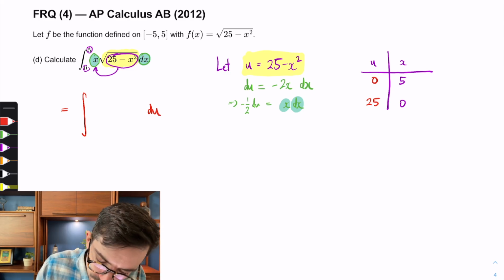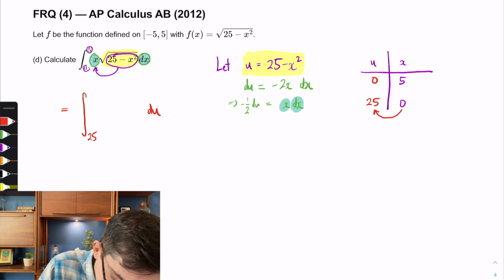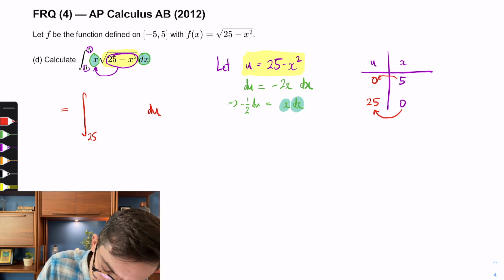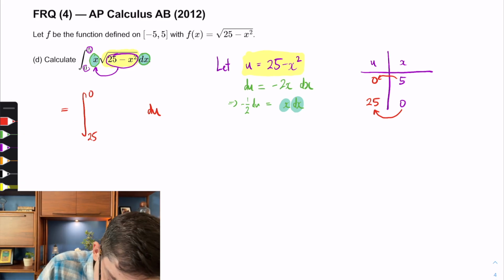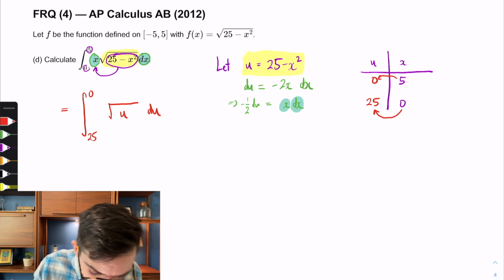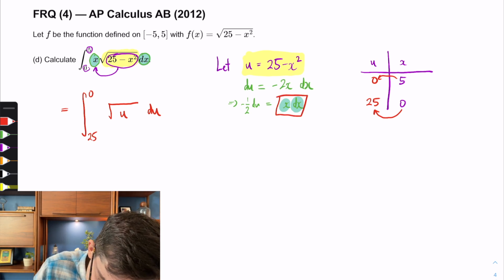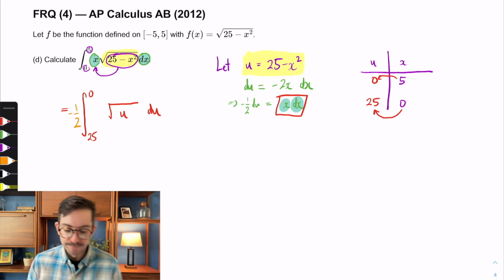So my 0 of x will become 25. My x being 5 will become 0. I then have my square root u, but I need to remember that x dx was replaced with -1/2 du.